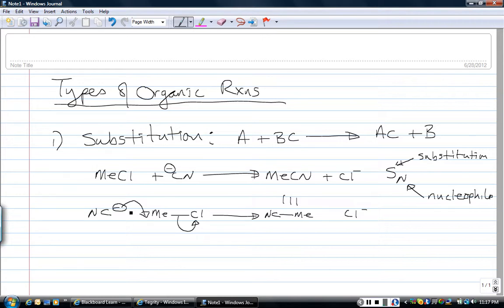I did point out that organic chemists would further categorize substitution in terms of the nature of the incoming species.